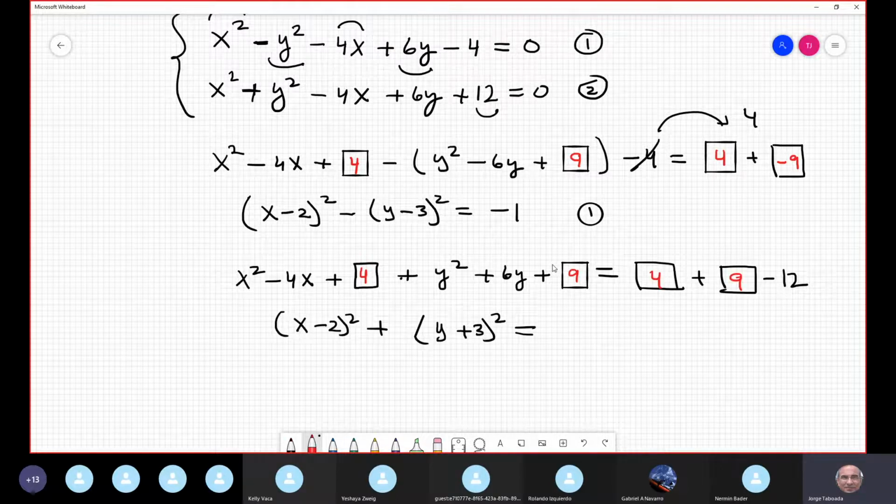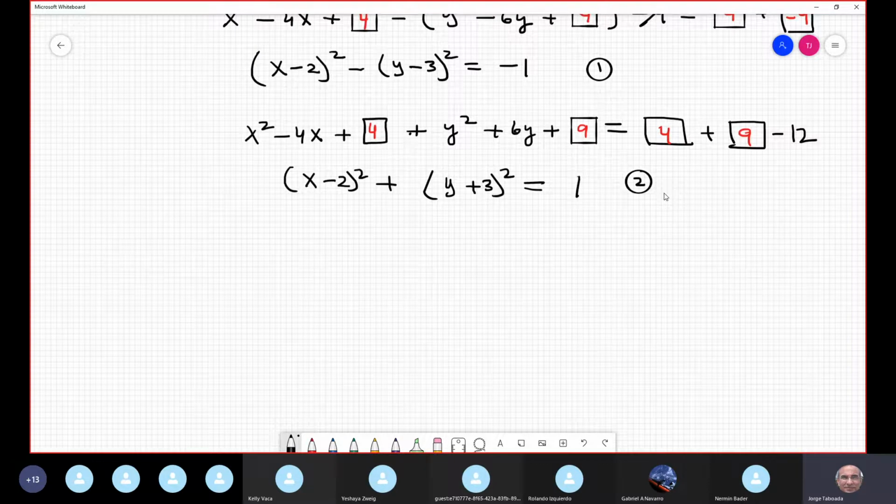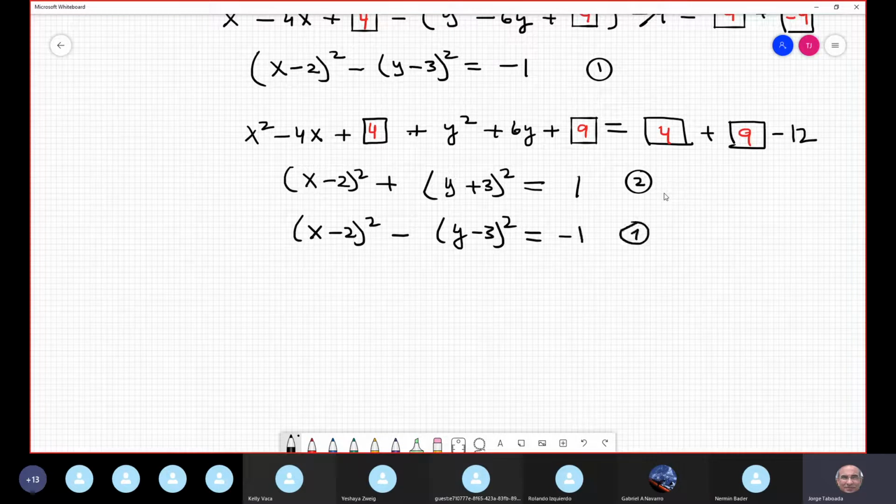And it's a 9, together 13 minus 12. This is my new equation 2. I copy now together equation 1 and equation 2. It is x minus 2 squared minus y minus 3 squared equal negative 1. Equation 1, I copy.